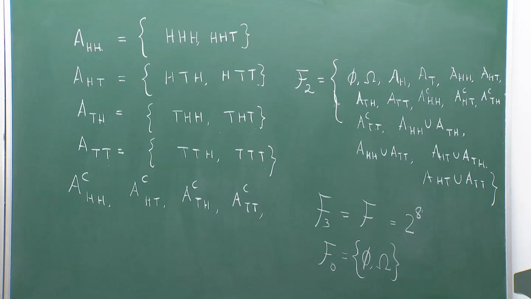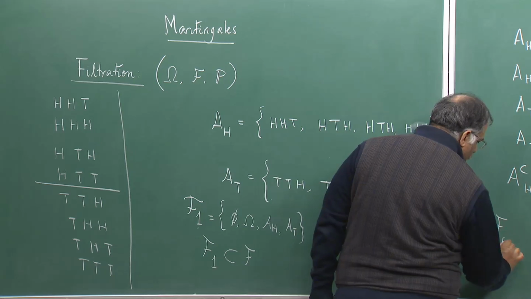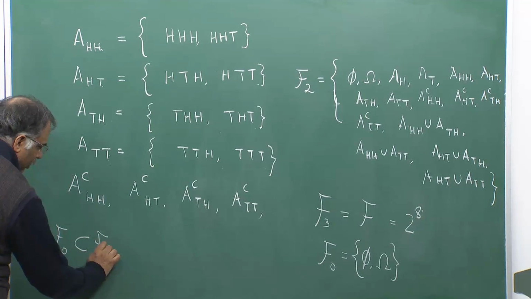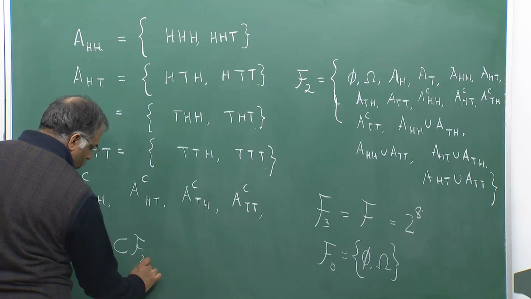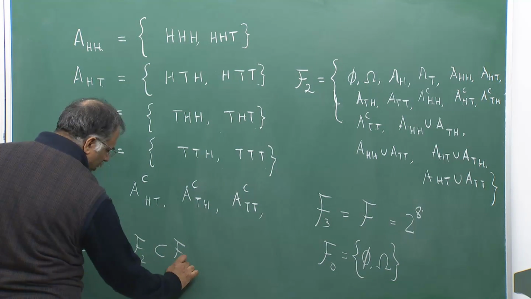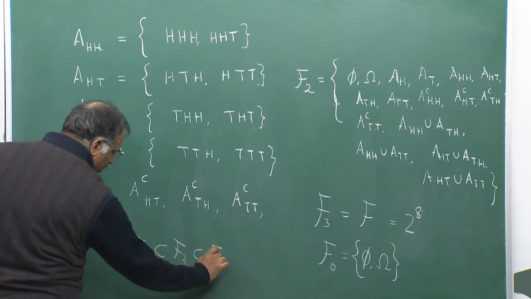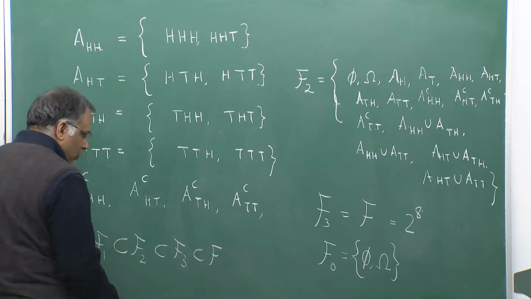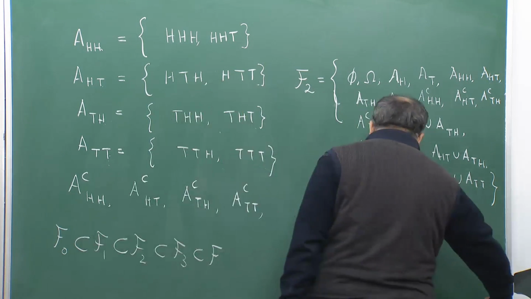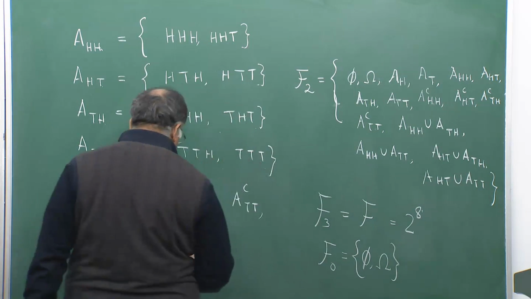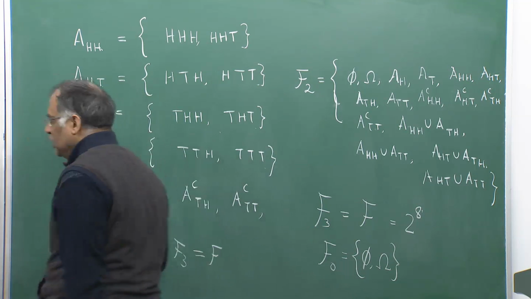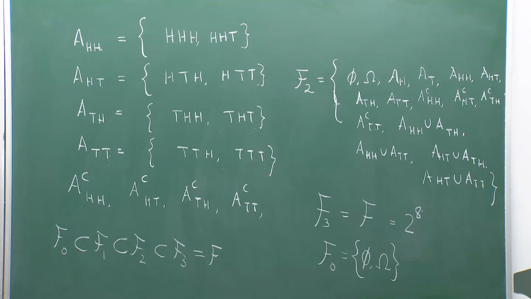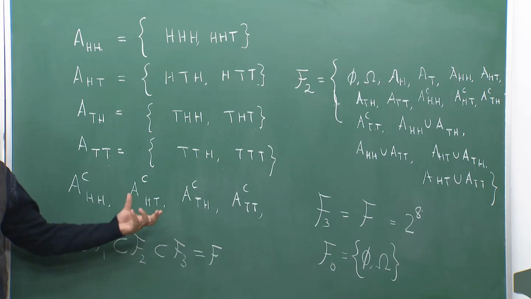So everything is revealed. Which means if you look at them, you have F0 belonging to F1, belonging to F2, belonging to F3, belonging to F. So F3 is equal to F, you don't have to write F3 subset of F, but equal to F. So what I have done is a chain of sigma algebras each containing the other.